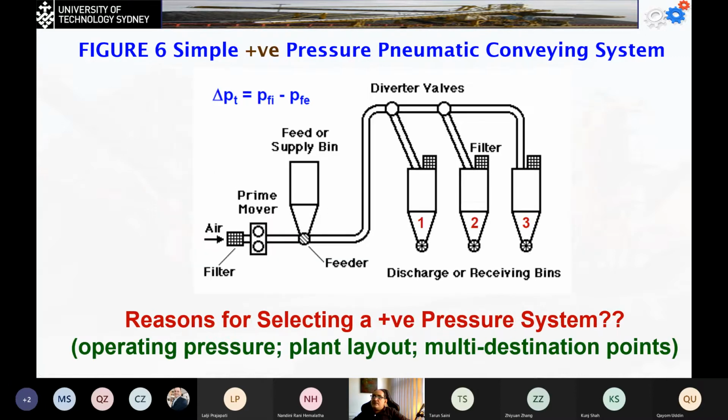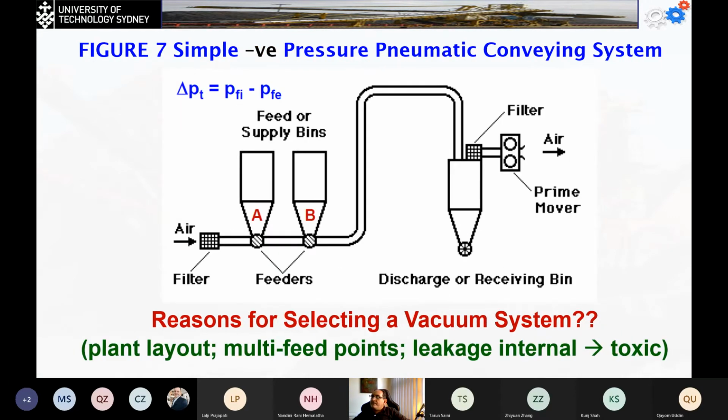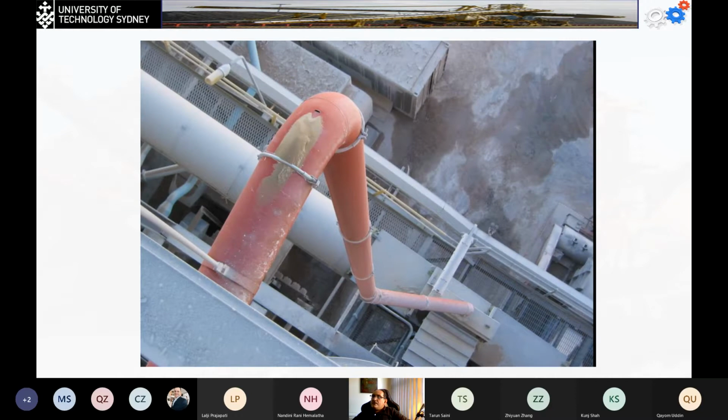Okay, so let's find the option. Now, that's what we call the angel hair. One of the main problems we have in the component is the wear. So, due to the effects of the angel hair, we start to have this fall. Of course, the material will start to accumulate here.